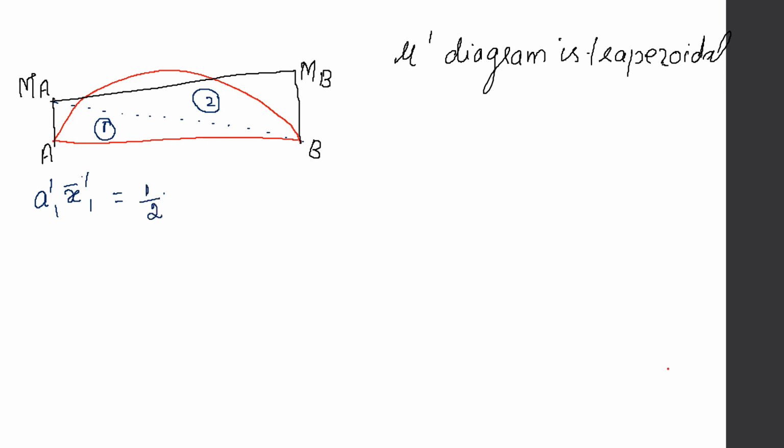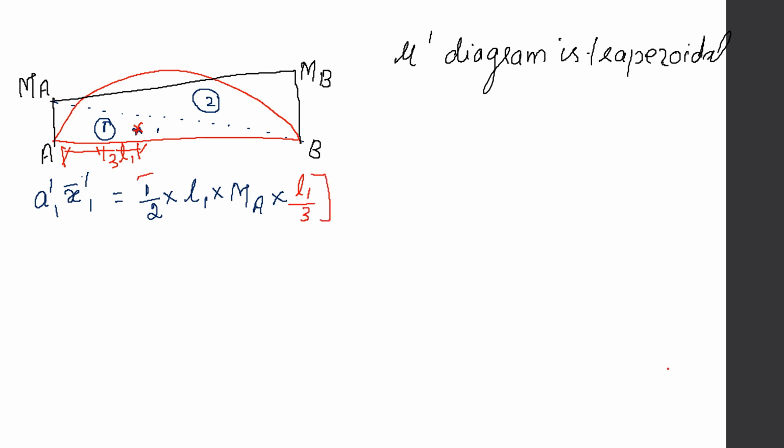So, it is half into base. Base is AB, the distance is L1 into height. Height is MA multiplied by x1 dash, the distance of center of gravity of this triangle. So, this may be the center of gravity, and this distance is 1 by 3 of L1. So, we get L1 by 3, that is x1.